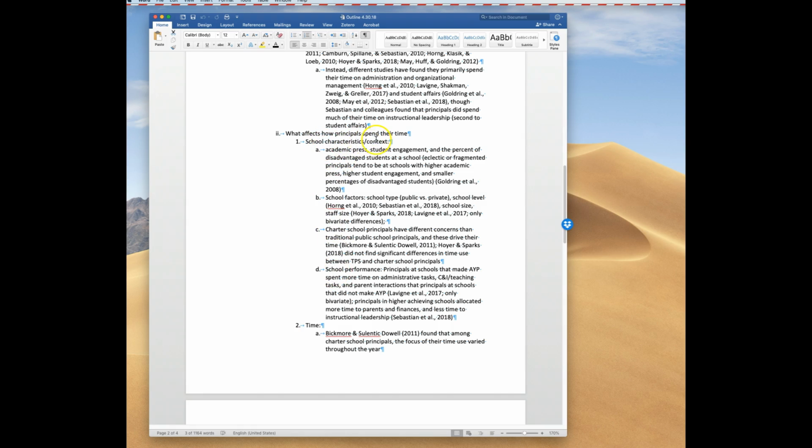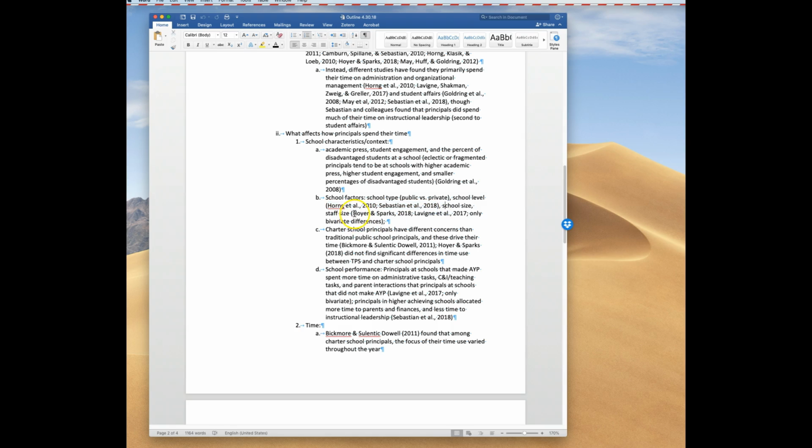So in terms of school characteristics context, there's just one study that talks about the level of academic press at a school, student engagement, the percent of disadvantaged students. Here I have some school factors such as school type, school level, school size, school staff. So these are characteristics, and I say school level has support in these two studies.